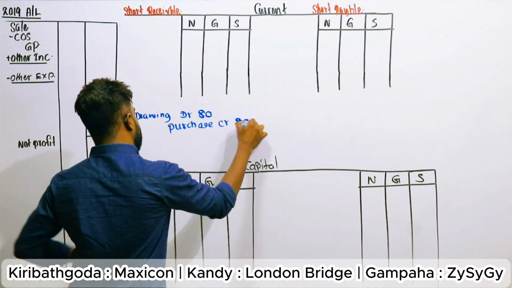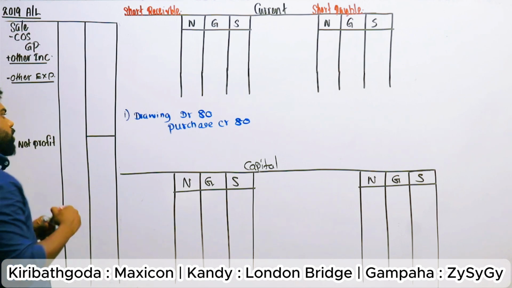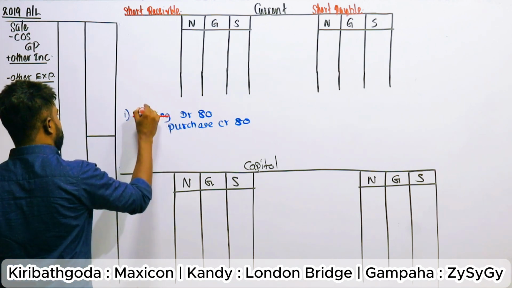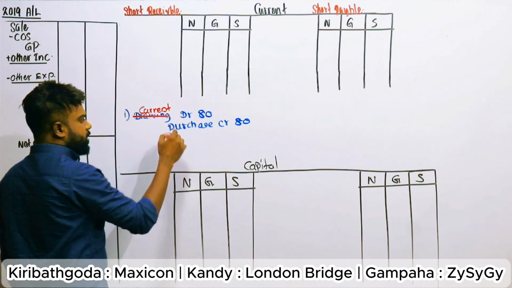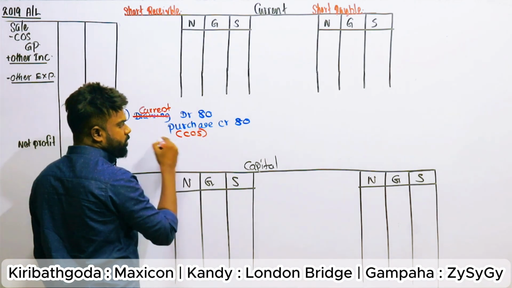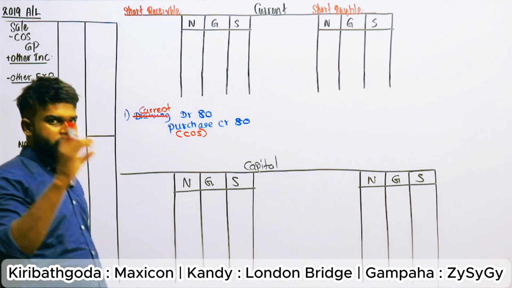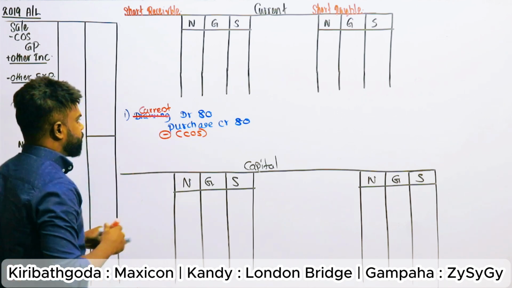Normally, drawings are debited to which account? Current account. But there's no purchases account, so you have to adjust to the cost of sales account. Because the cost of sales is already calculated, it is deducted from cost of sales.